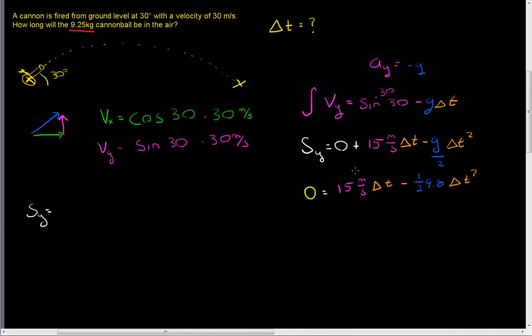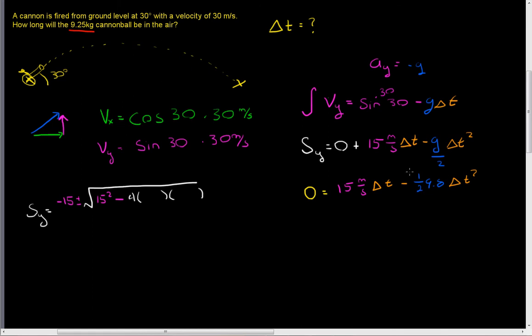Opposite of b, so we get negative 15 plus or minus the square root of 15 squared minus 4 times a and c.